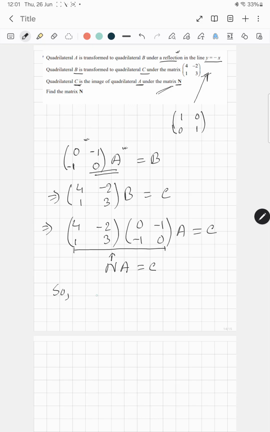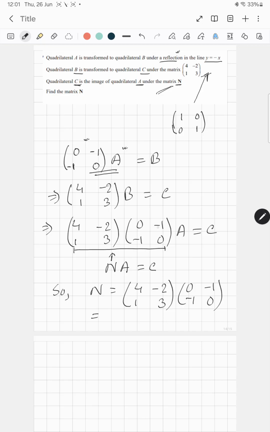So we can write N equals 4 1 minus 2 3 and 0 minus 1 minus 1 0. If you multiply these two, you will get the desired answer.